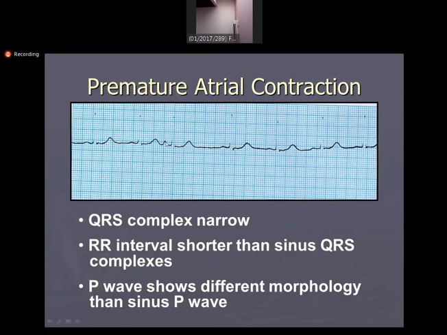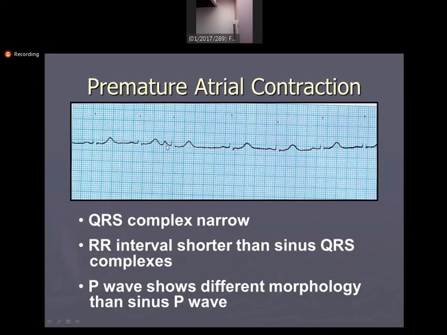It means it is arising from somewhere else, and it is coming early. Whatever comes early is called premature. For example, a baby delivered early is called a premature baby. So similarly, this is a premature beat.